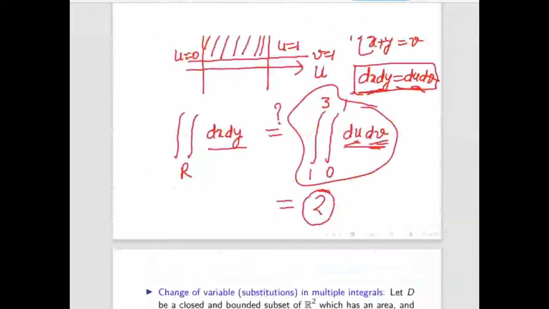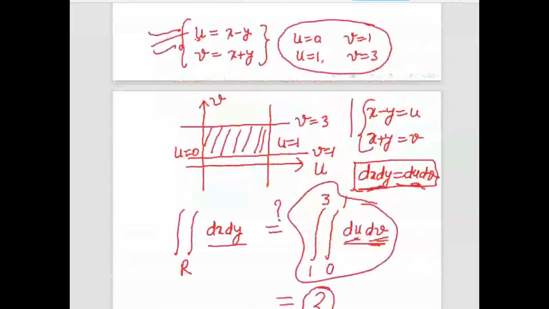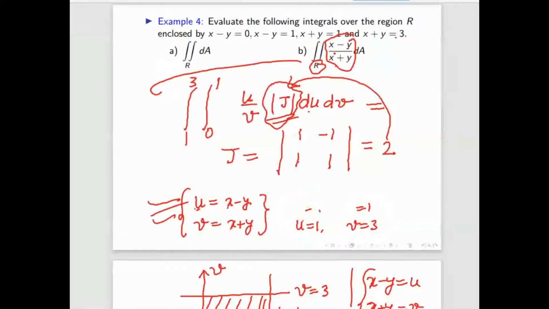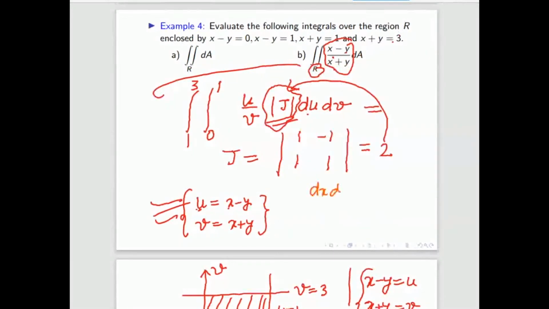So now whatever we did here, it is given u equal to x minus y, v equal to x plus y. So this dx dy will be this Jacobian of du dv. So what will be the Jacobian value in this case?